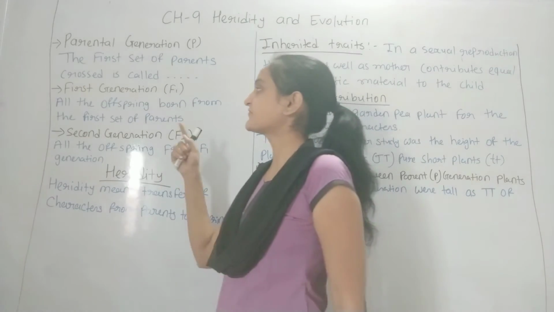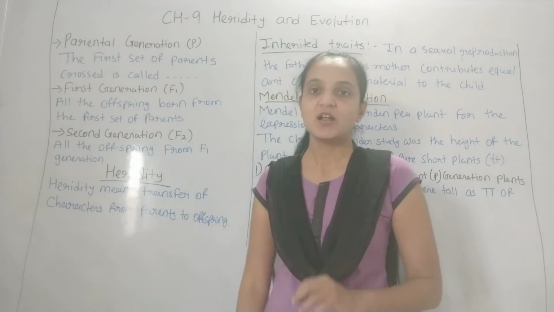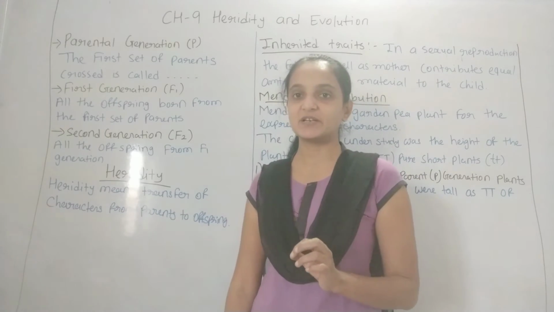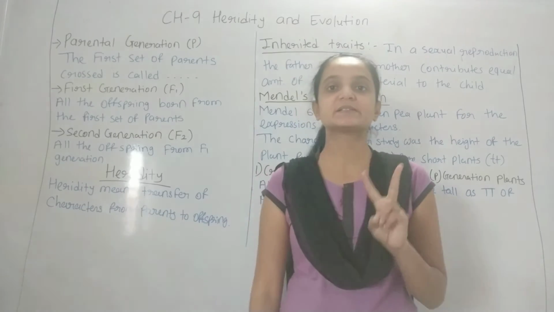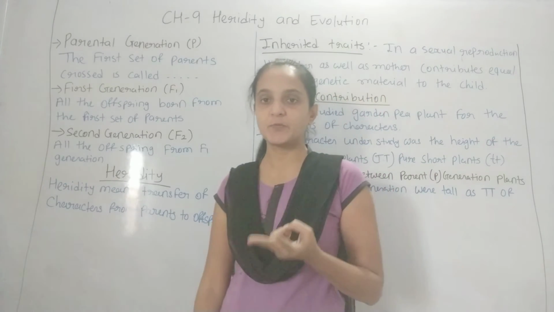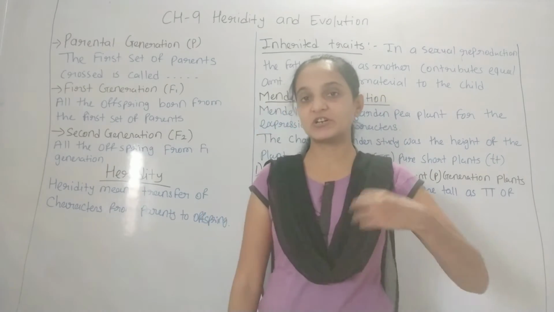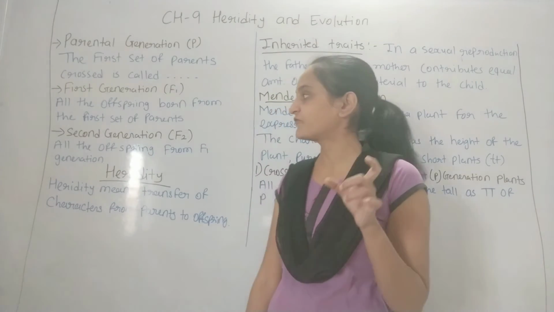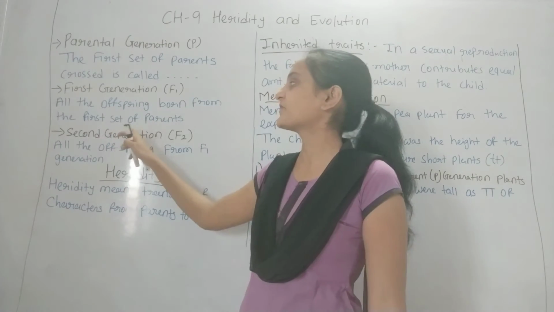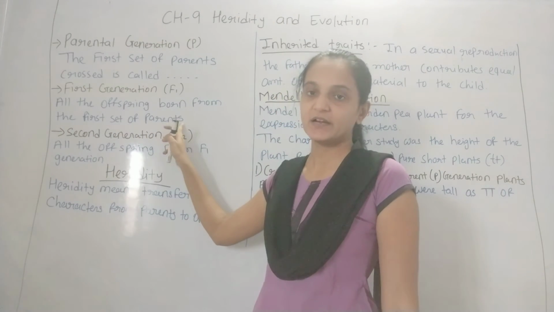Now next is first generation, F1. The meaning of first generation: in the above definition we have seen the two species crossed for reproduction, and the generation which is produced is called F1 generation of the first set of parents, right?